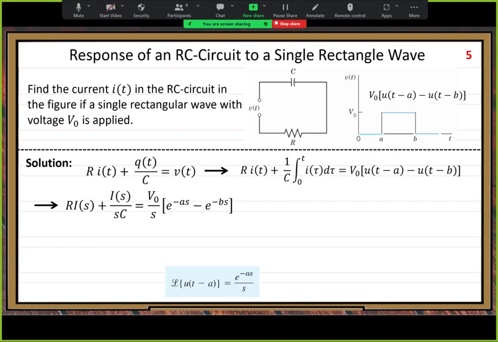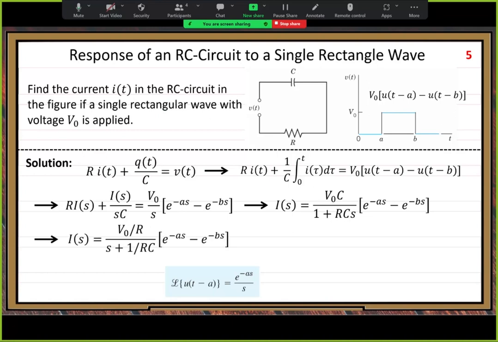Then here, the Laplace transform on an integral. We have a formula, right? I didn't copy the formula; I should copy the formula somewhere.